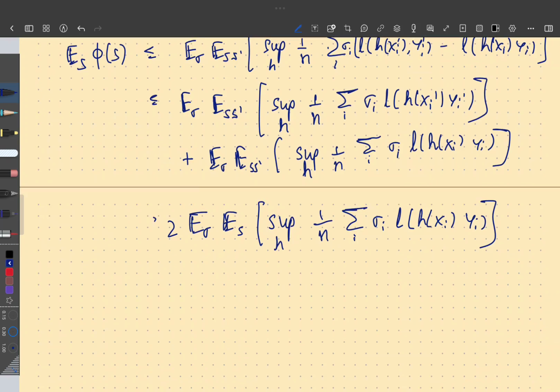Question? We drop the S prime because each of the terms depends either on S or on S prime. So expectation of phi of S is upper bounded by 2 times the Rademacher complexity of H.